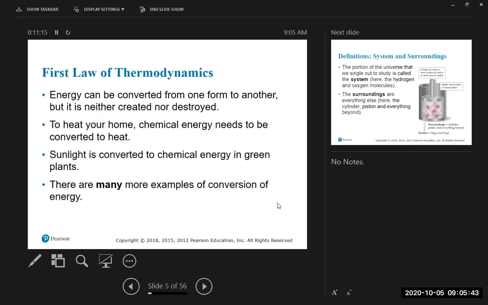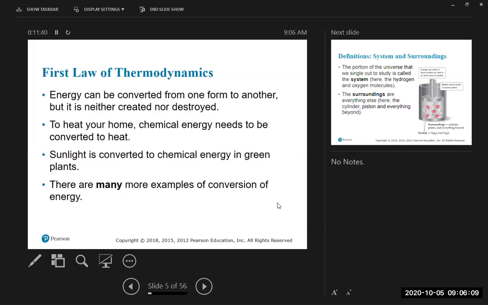So some examples are, you heat your home, so you need chemical energy, and then that's converted to heat. Sunlight is converted to chemical energy in plants. There's a whole bunch of examples, but we've talked about the combustion reaction and driving the car. There's potential energy in the gasoline.